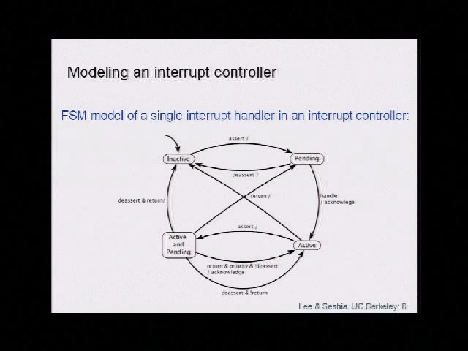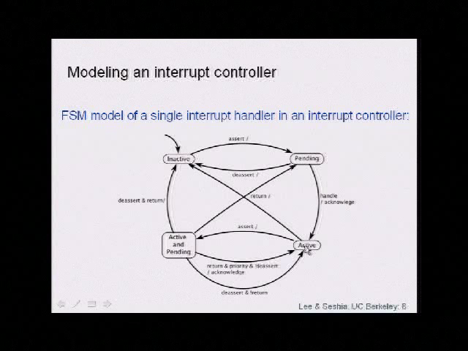Now, if before you handle the interrupt it gets deasserted, and in this picture we're modeling the fact that an interrupt can be deasserted, then you can go back to inactive. But if the interrupt is still asserted, then you handle the interrupt and you go to the state labeled active. This is the state in which the ISR will run.